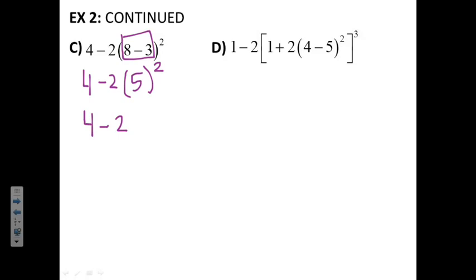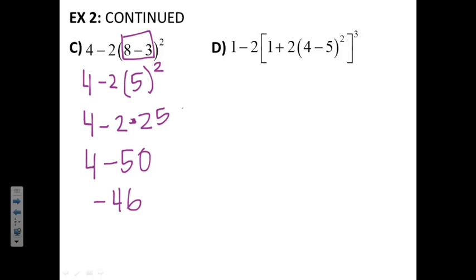Now I can actually drop the parentheses because there is no exponent, and there's nothing left to do. And from here I have a multiplication, which will occur before the subtraction, so I take 2 times 25 is 50, and then I subtract those to get negative 46.